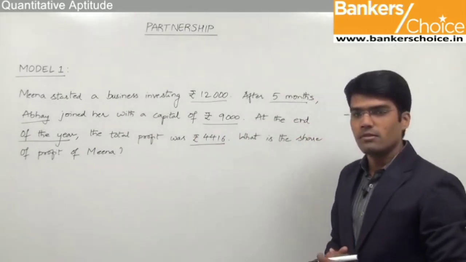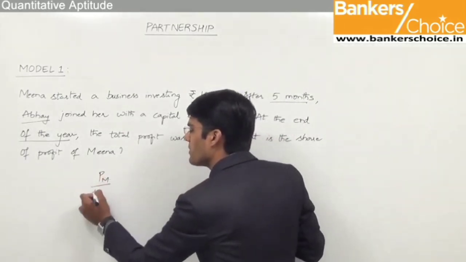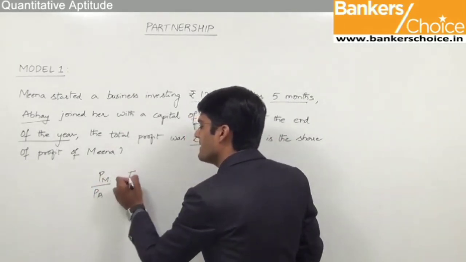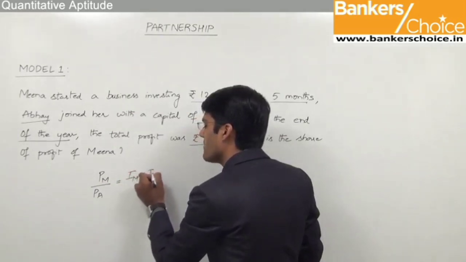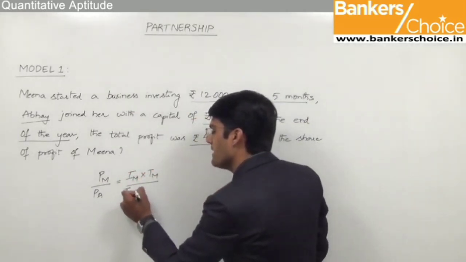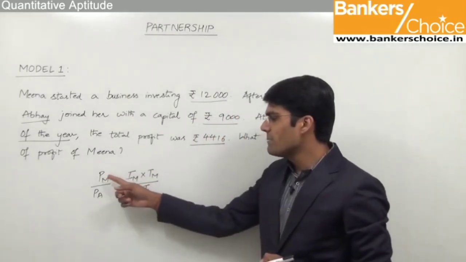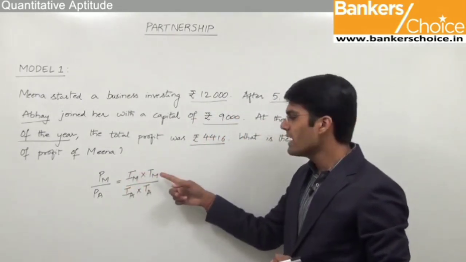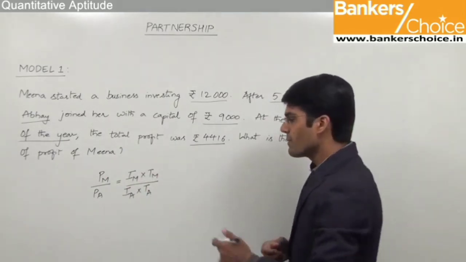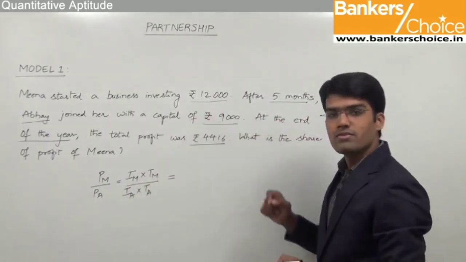Now as discussed, we know that profit of Meena by profit of Abhay should be taken as investment made by Meena into time of Meena's investment divided by investment of Abhay into time of Abhay's investment. That is nothing but profit of any partner is proportional to his investment into the time of investment. So by substituting the given values, investment made by Meena is 12,000.